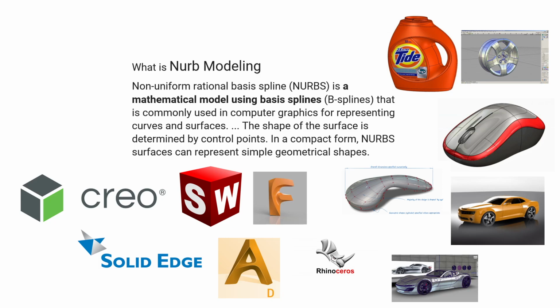Now, we talked about what softwares can and cannot do. All these softwares that you see down here, Creo, SolidWorks, Fusion, and Solid Edge, they have NURB modeling in there. And people will say, well, you can't do a car in SolidWorks.